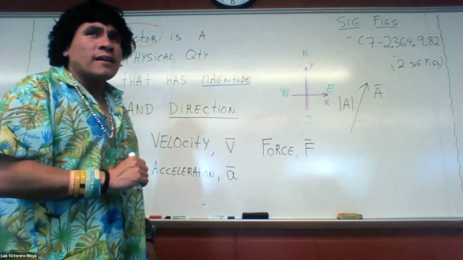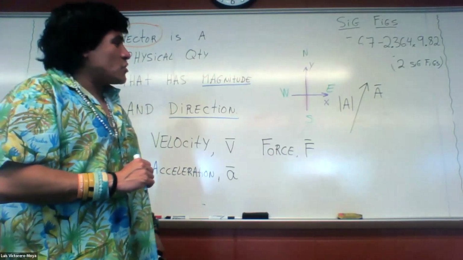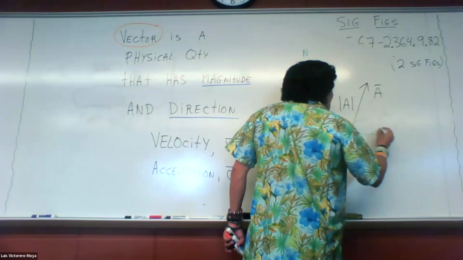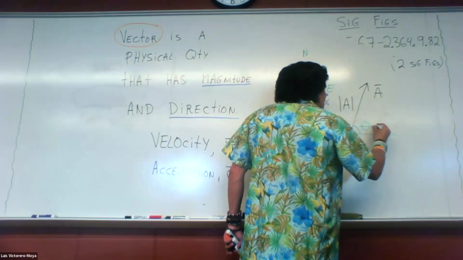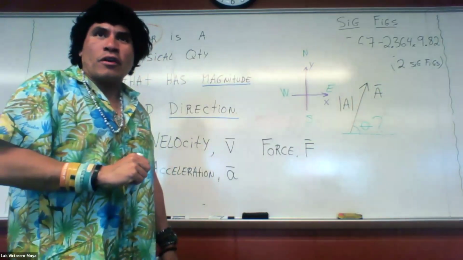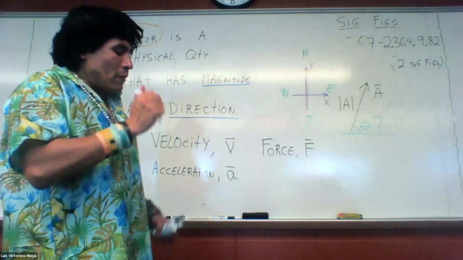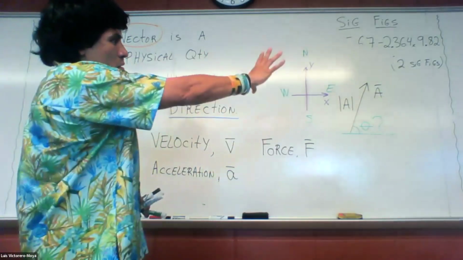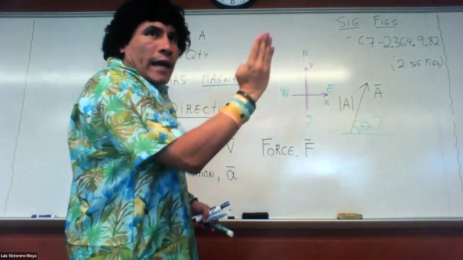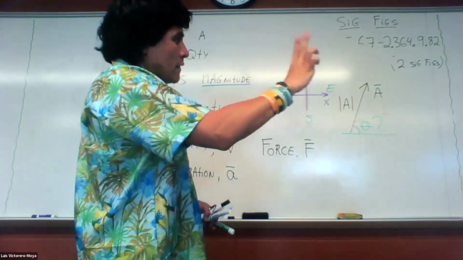And how do we quantify the direction? By the angle. So we need this angle here. And for that, that's what we need our trick. Because the thing about vectors is that you can reposition them as long as you don't change the direction of the vector and the magnitude of it.